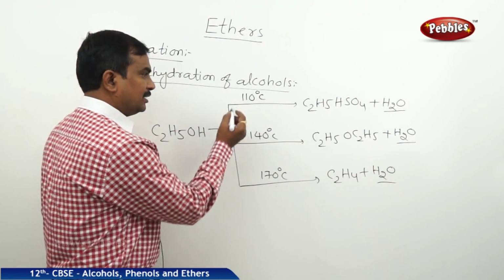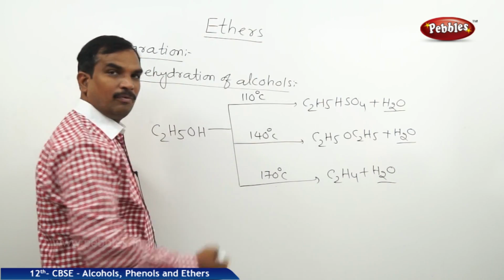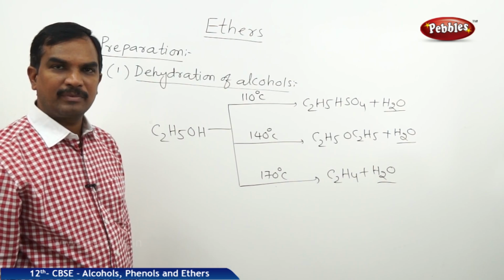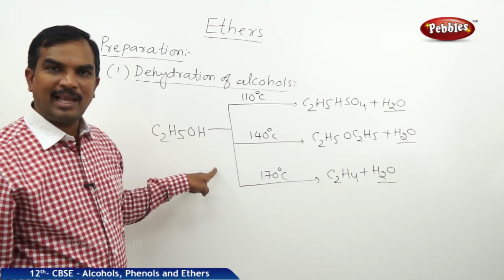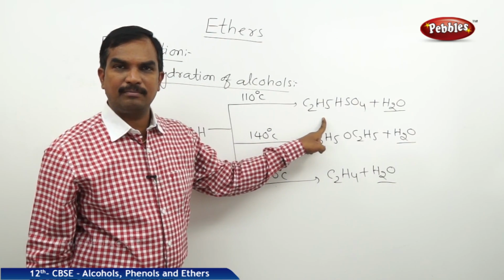In every case we can see a water molecule along with different products. Simply remember, 110 plus 30 is 140, 140 plus 30 is 170, so we keep increasing the temperature. At lower temperature the alcohol reacts with sulfuric acid to give ethyl bisulfate or hydrogen sulfate.